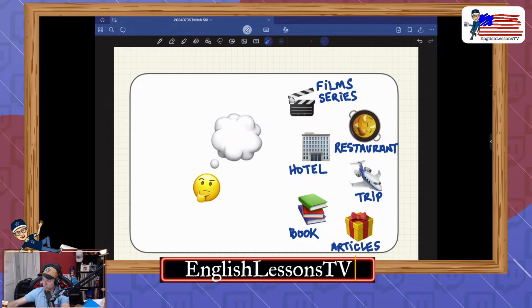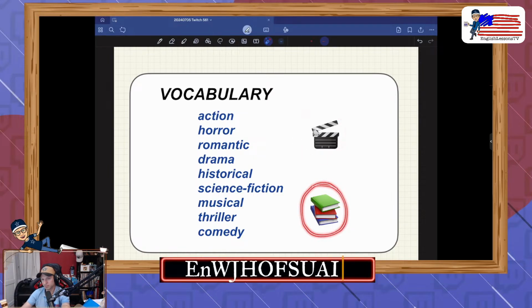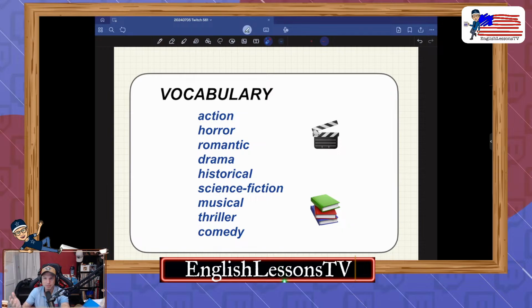So we're going to focus first on the vocabulary, and we're going to focus on films or books, because most people are going to be talking about these things. It's what people consume the most.